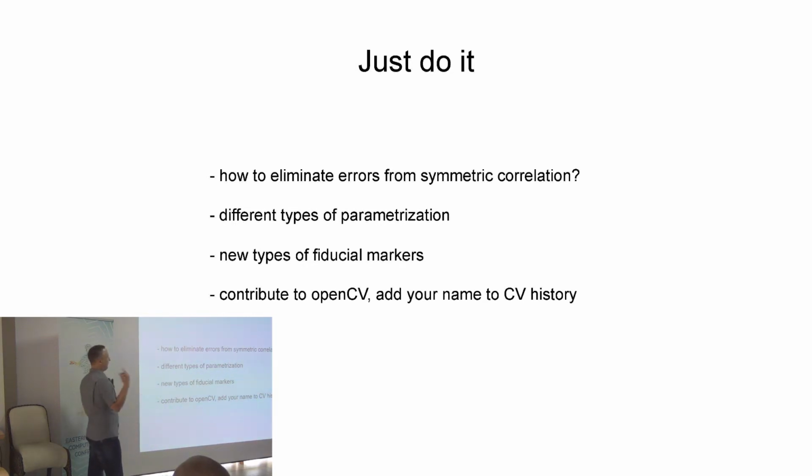We can develop different types of parameterization of calibration parameters, because direct optimization of calibration parameters such as focal length is often not a good choice. We can develop new types of individual features that provide much more texture information for digital image correlation. And of course, if you develop some package and contribute it to MATLAB or OpenCV, I think your name will be very famous in the computer vision industry.